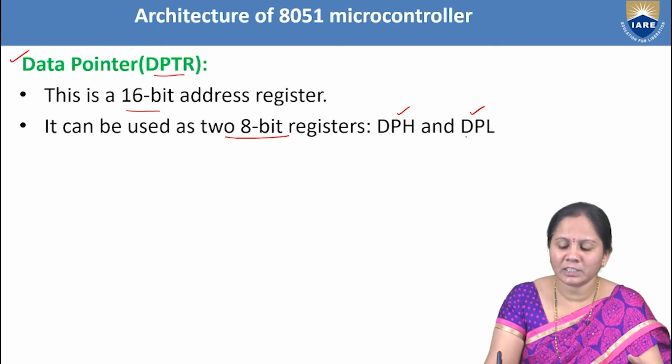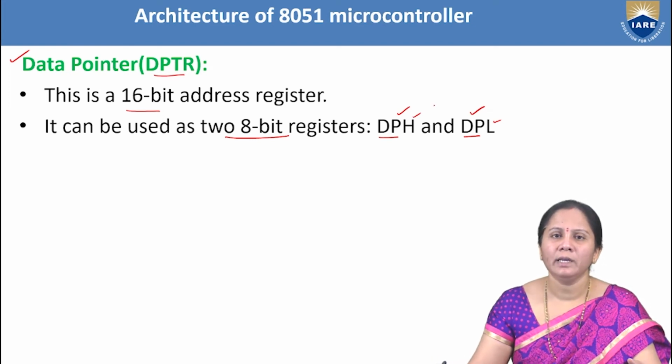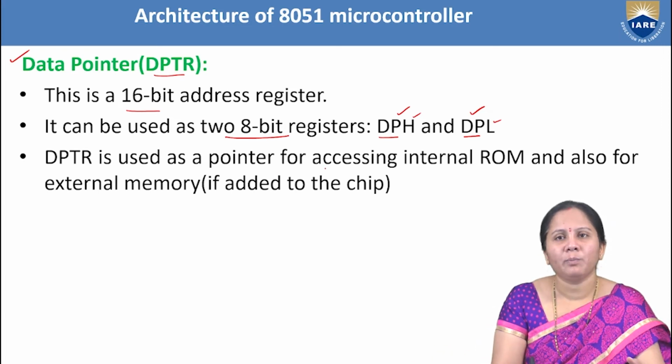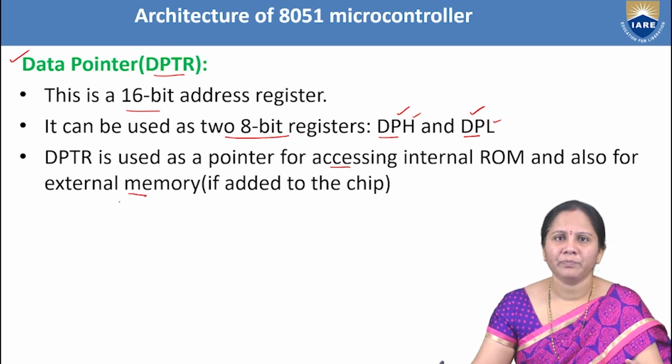Here DP stands for data pointer, whereas L represents lower 8 bits and H represents higher 8 bits. DPTR is used as a pointer for accessing internal ROM and also external memory.